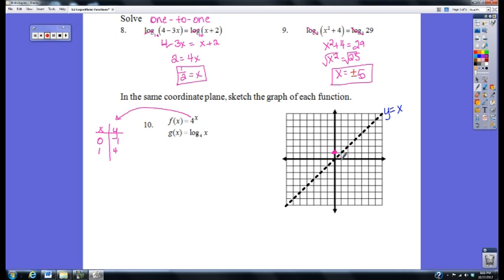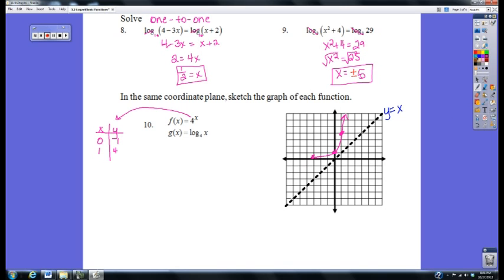So I'll have the point (1, 4) on my graph, and it'll just give me a general idea of my exponential. This would be a growth graph because it would be exponentially growing. So 4 to the x power would look something like this pink graph right here, having the points (0, 1) and (1, 4) on there.